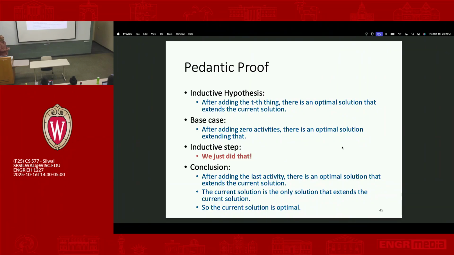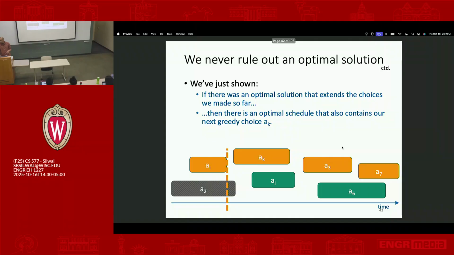Then the inductive step is: if I have a partially optimal schedule, I can extend it by one. That's essentially what we just showed, and then the whole thing follows by induction. That's why induction is so powerful. We just have to show that one step, and then all the dominoes fall. So now let's go back.